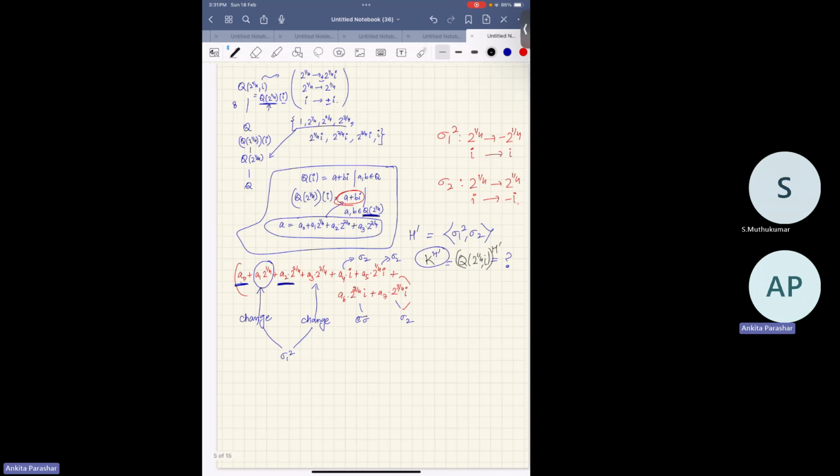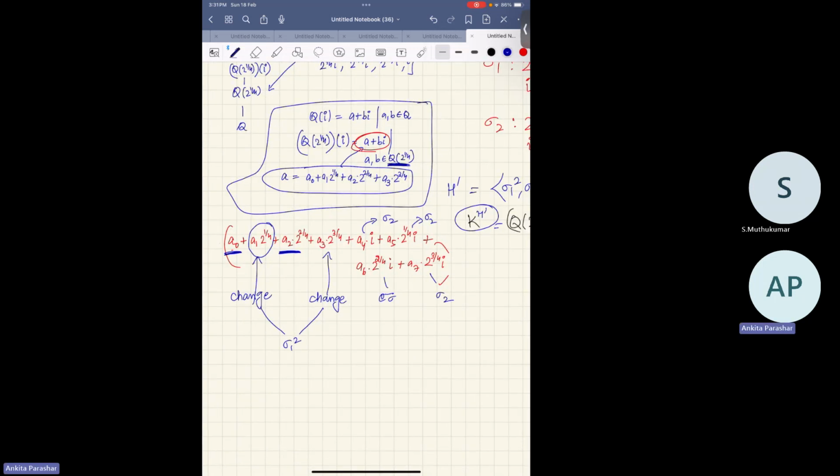Right. Sorry. So if you observe that through sigma 1 squared and sigma 2, what are the things that together will not change? What is that remaining among these elements? So notice that this will never change, right?